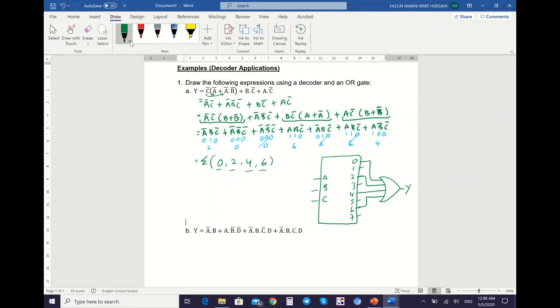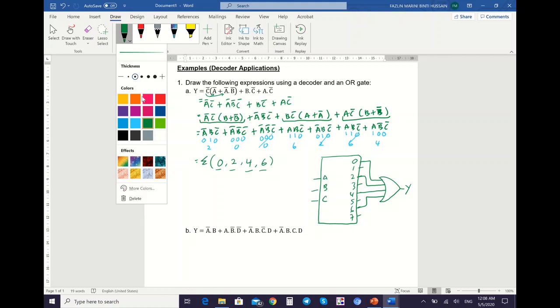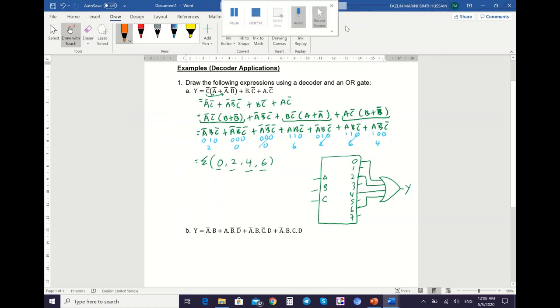I'm using a different pen here, orange. Example for these two values. So what happened? I show here.